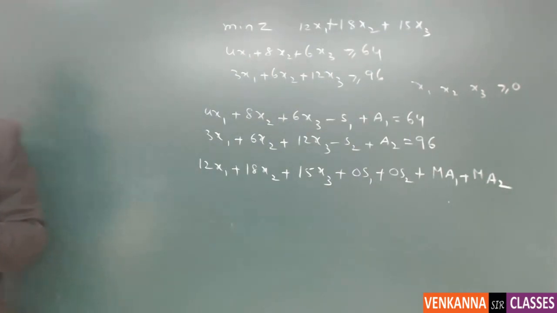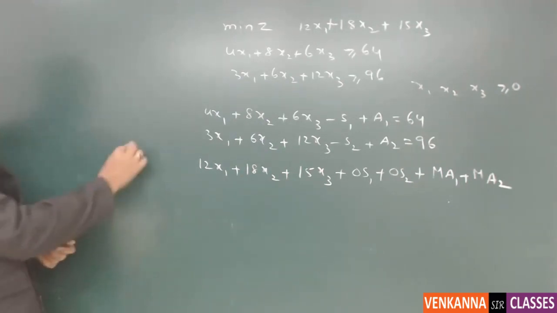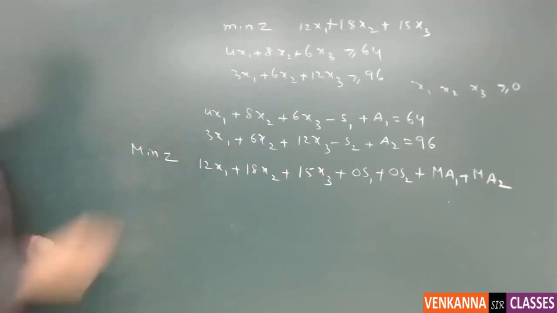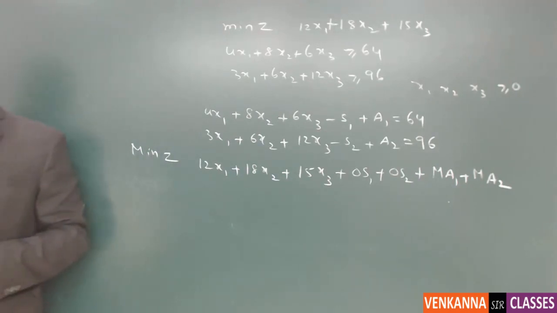That is the actual objective function, right? Yes or no? It is minimum Z, the minimization of Z. Accepted to all?